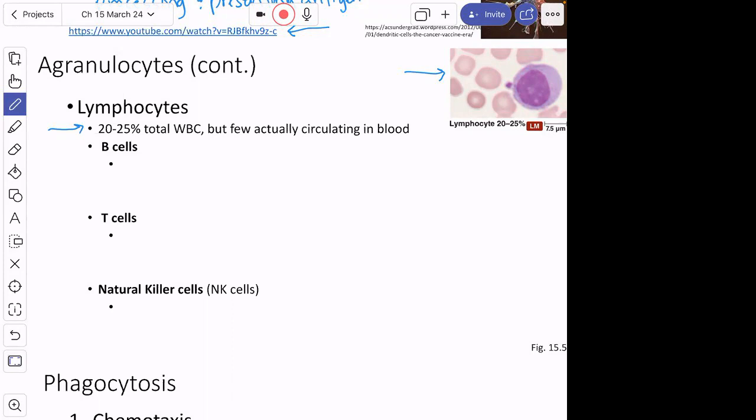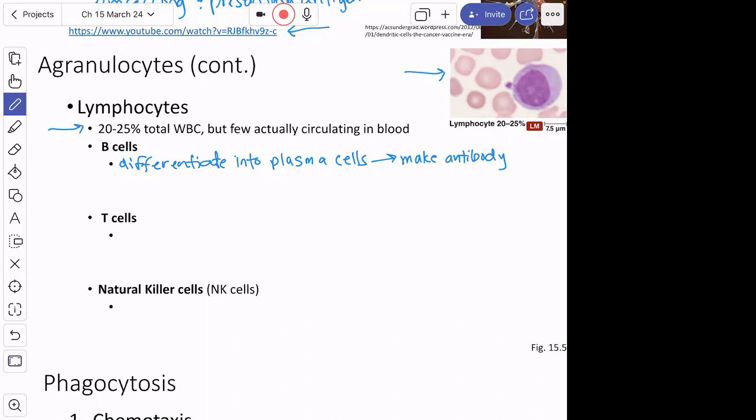B cells, again, just an overview here. They are going to differentiate into plasma cells. And it's plasma cells that make antibody. Much more about what antibodies are and what they do and how B cells get activated to do that later.